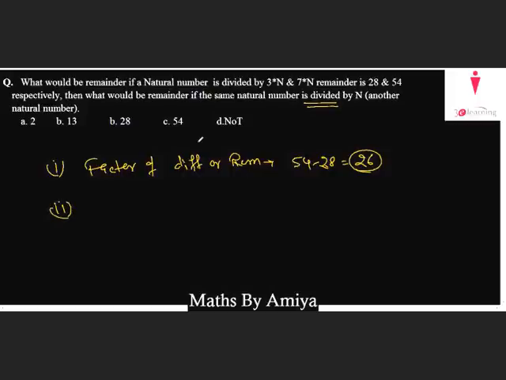The second condition is that 3n gives remainder 28, so n should be greater than 28 by 3. Likewise, n should be greater than 54 by 7. By merging the conditions, n should be greater than or equal to 10 and a natural number.